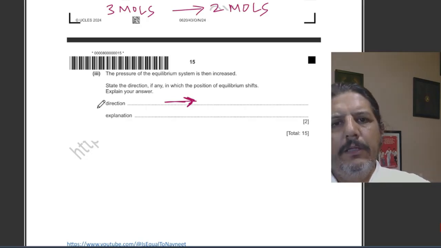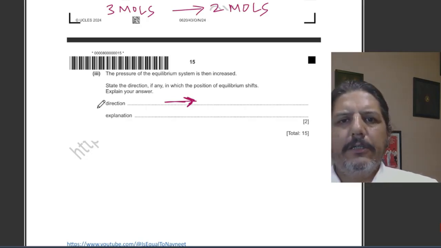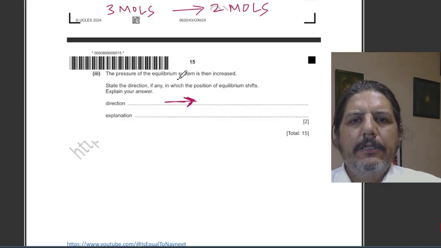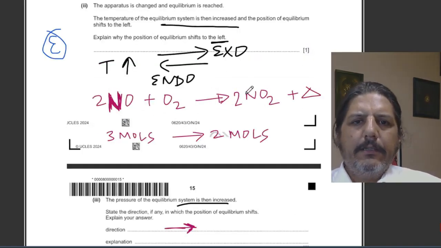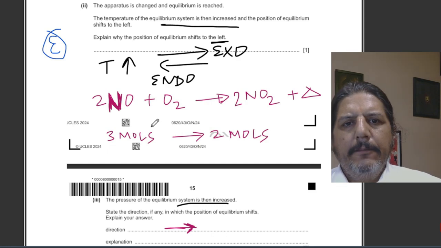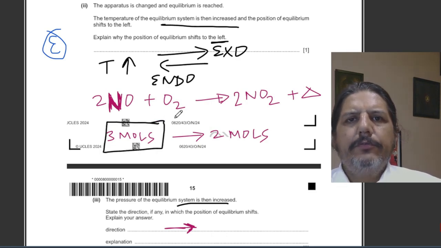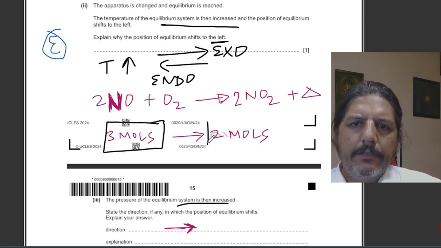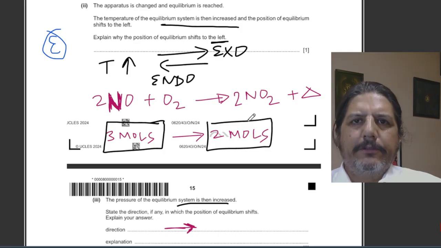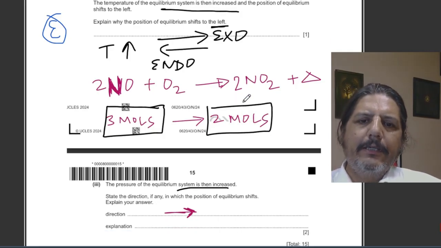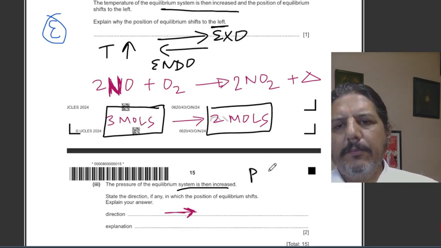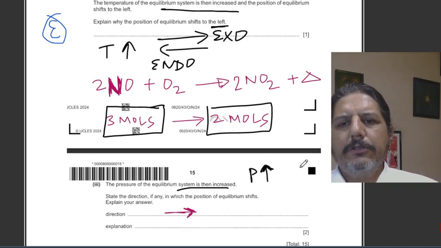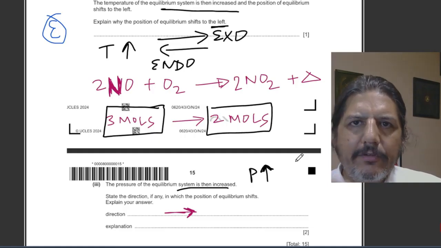The next question: the pressure of the equilibrium system is increased. Now, if you look at the reaction, you have 3 moles of reactants and 2 moles of products. If you increase the pressure, the equilibrium wants to oppose this increase of pressure.